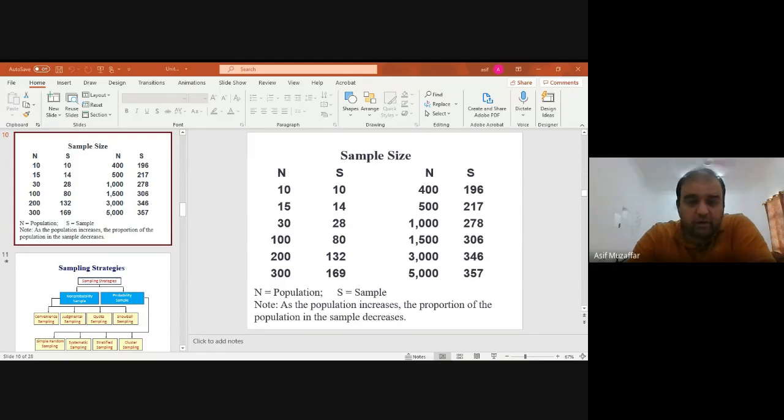So this is the sample size according to this table.